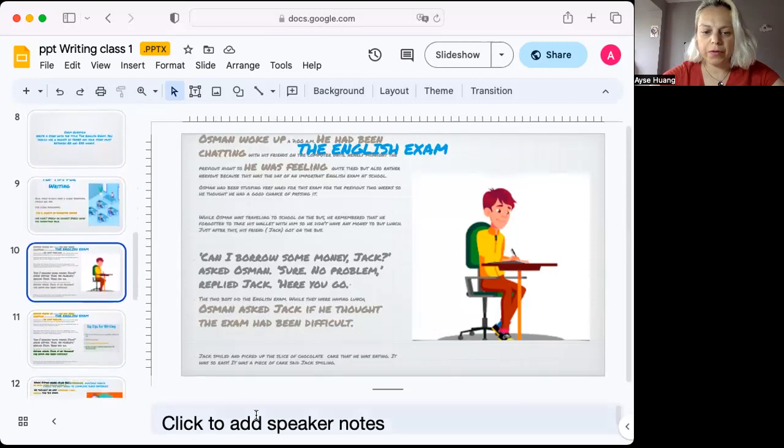Okay, let me read from here. Osman woke up at 7 a.m. He had been chatting with his friends on the computer till nearly midnight the previous night, so he was feeling quite tired, but also rather nervous because this was the day of an important English exam at school.